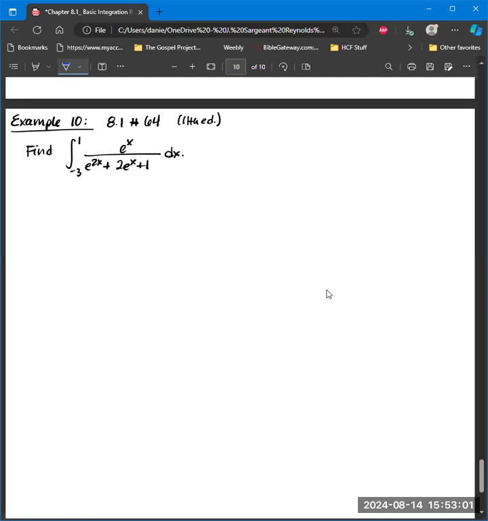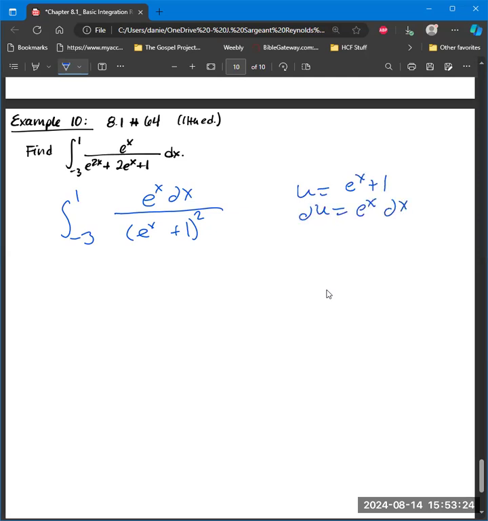Now let's look at example 10 here. And this looks like something where I'm going to complete the square in the bottom, or factor the bottom, or something. This looks like an e to the x plus 1 squared in the bottom, e to the x dx. So u is e to the x plus 1, du is e to the x dx. And so I have du over u squared. Let's change my limits of integration if I can.